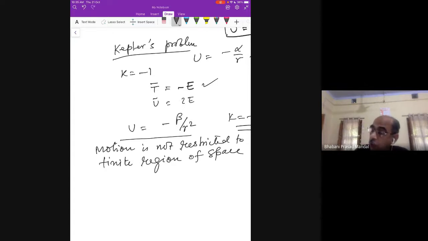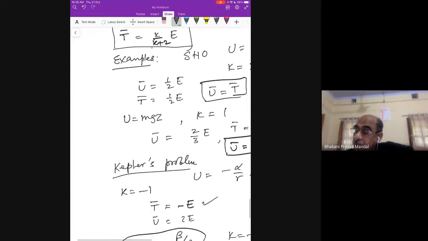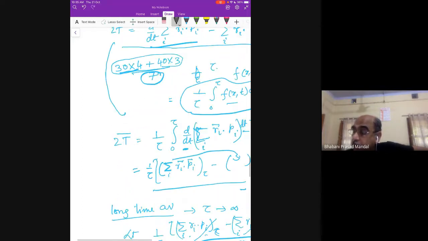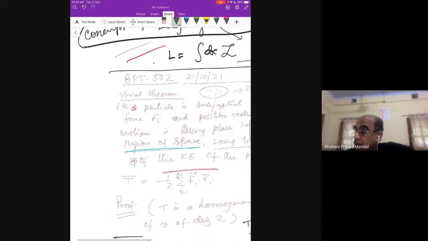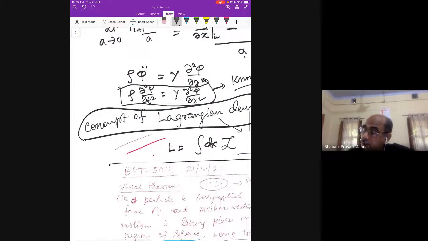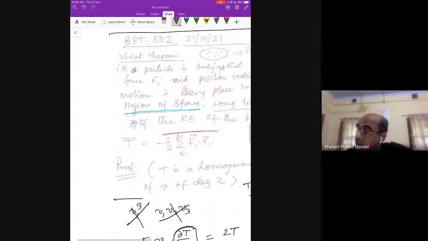So when you learn central force problem, I don't know whether I'll teach or Dr. Krishna will teach, you'll learn that if you have 1 over r square potential, the particle can go to infinity. And if the particle can go to infinity, then our virial theorem cannot be valid, because at the beginning, in the statement I wrote that motion has to be in a finite region of space.